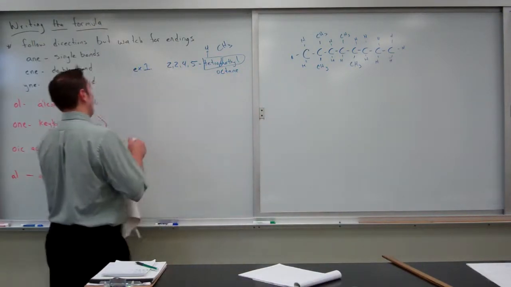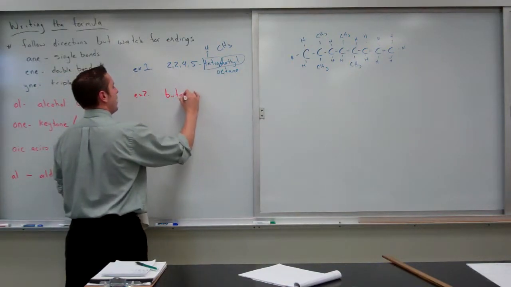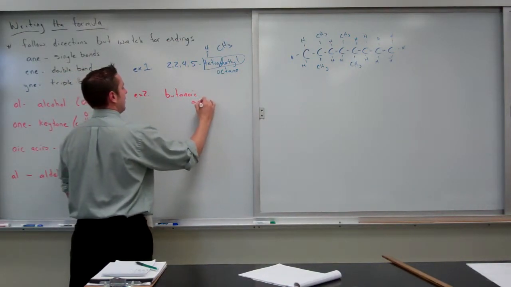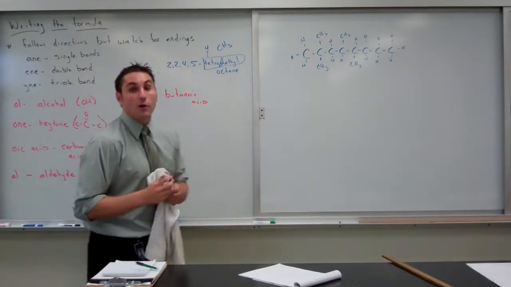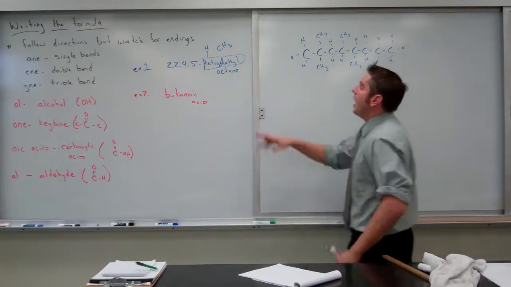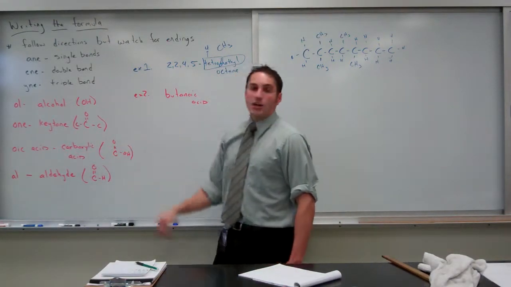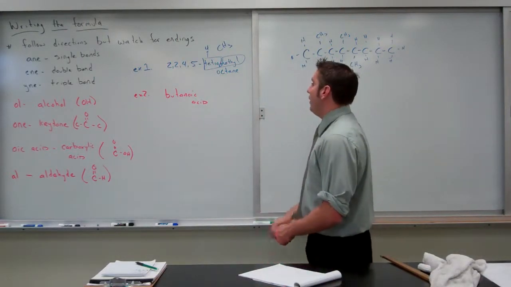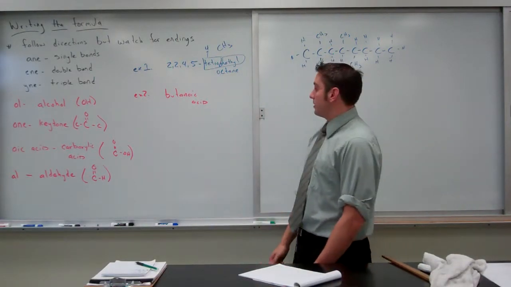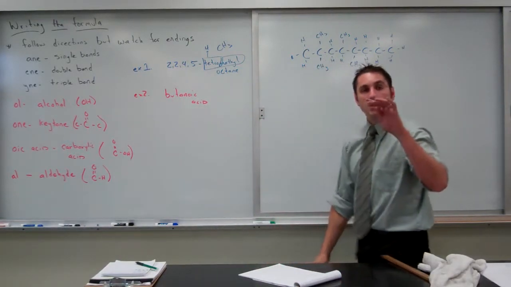Second example would be if I saw butanoic acid. First thing I have to do is look at the ending to figure out what's going on. I see an -oic acid, which means I'm going to have C double bonded O, OH at the end. Now I have to figure out how long my carbon chain is. The but- prefix, if you remember, is 4.